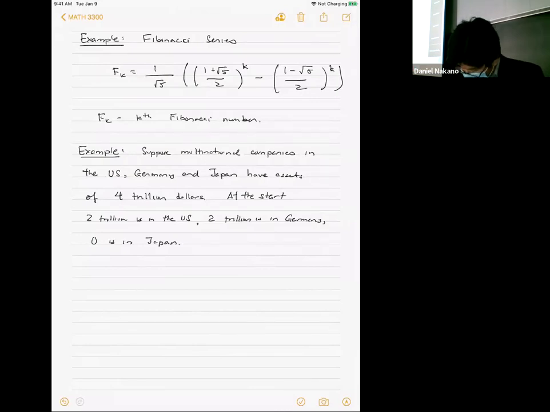Each year, 1/2 of the US amount stays in the US, 1/4 goes to Japan, and 1/4 goes to Germany.